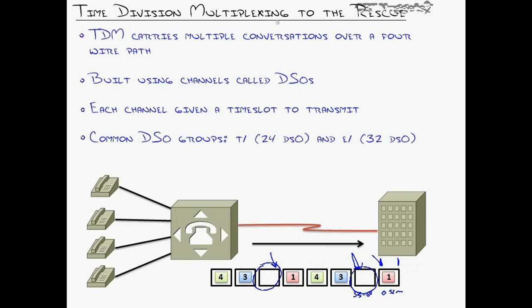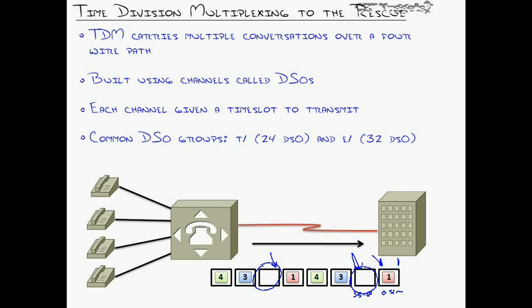Common TDM groups, or DS0 groups, are a T1 line, which is 24 DS0s, and an E1 line, which is 32 DS0s. Now, just a moment ago, I mentioned E1 was 30 DS0s because it's thinking with a data mindset.